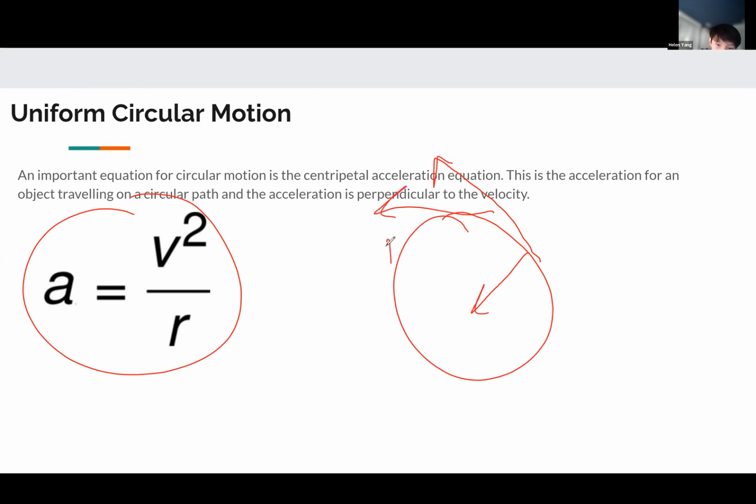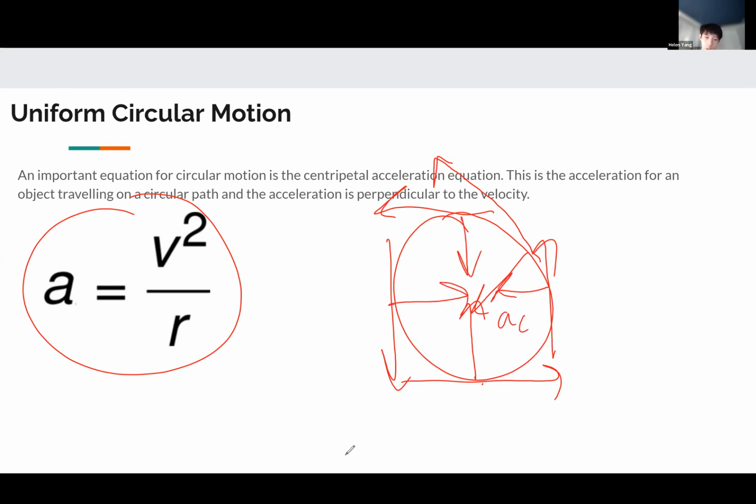So if there's velocity like this, then the acceleration is always going to be like this, and again, it's always pointing inwards. The equation you use is the centripetal acceleration is equal to the velocity squared divided by the radius. And the radius is just the distance from the outer circle to the center.